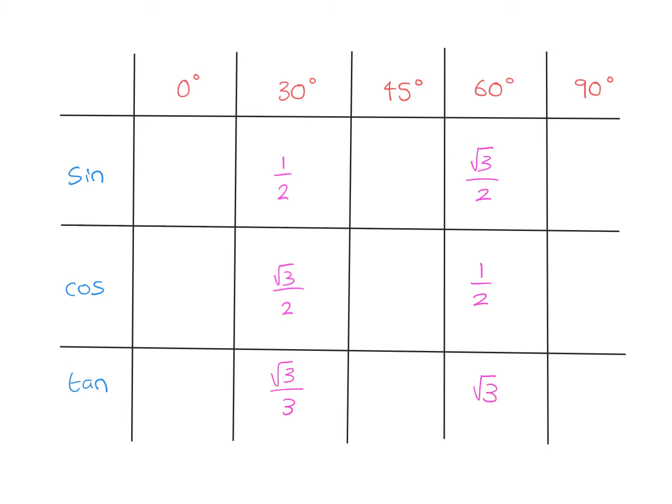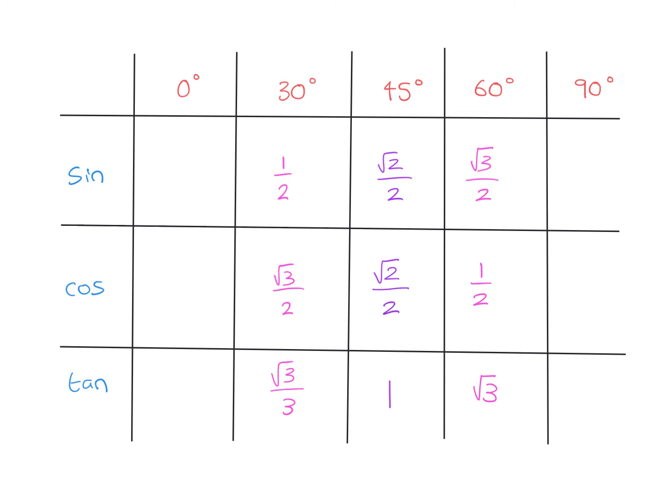We've also just discovered that the sine of 45 is root 2 over 2, the cos of 45 is also root 2 over 2, and the tan of 45 is 1.